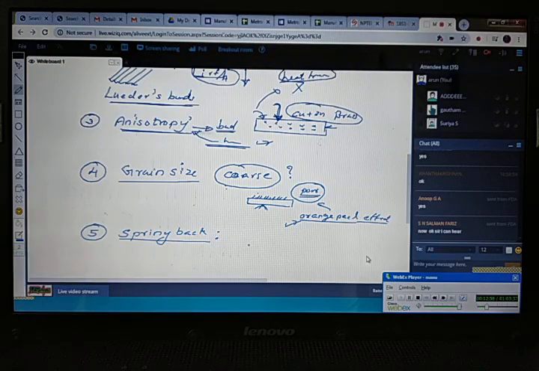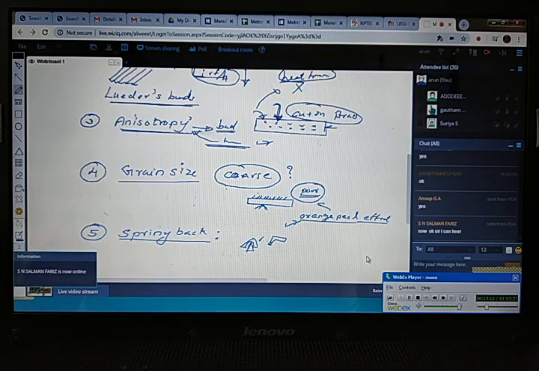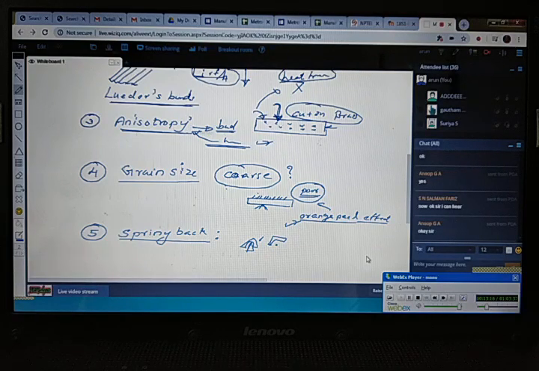Because of that, certain dimensional variations will be there. That is because of what? Because of elastic recovery. So this material is bent like this, and when I release this force, you can see that it will slightly rise up. That is trying to regain the original shape. So I will not get the proper dimensions. Dimensional accuracy will be less because of this spring back. That is because of the elastic recovery.